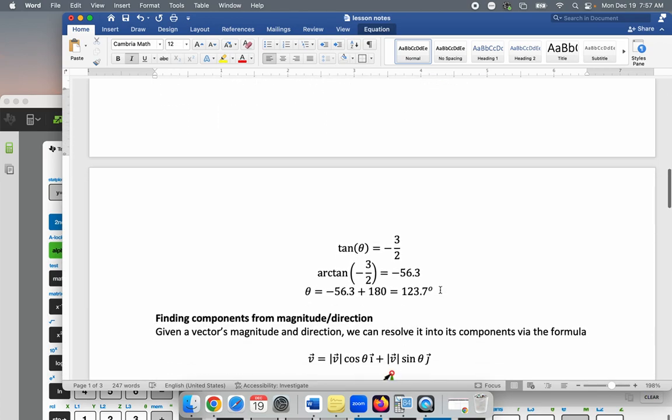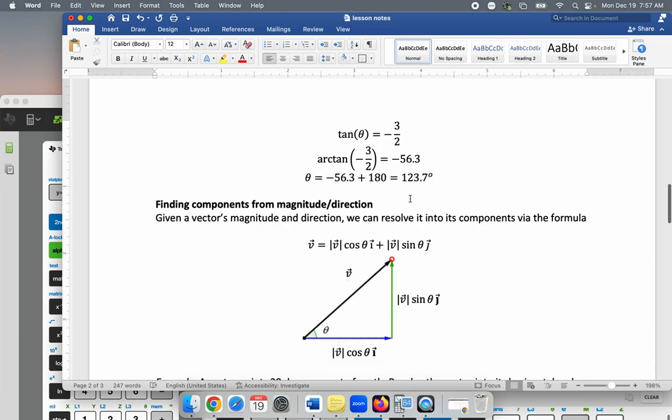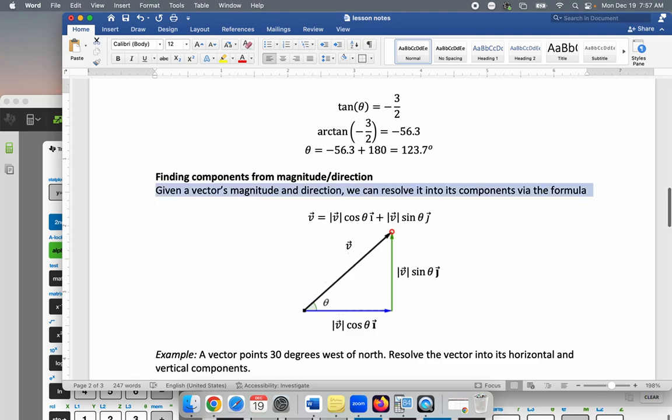Now let's suppose that somebody gives you the magnitude and direction. We want to be able to find the horizontal and vertical components. So given a vector's magnitude and direction, you can resolve it into its horizontal and vertical components via the following formula. So any vector v can be written in the following way.